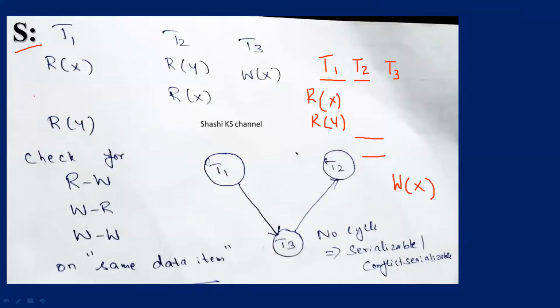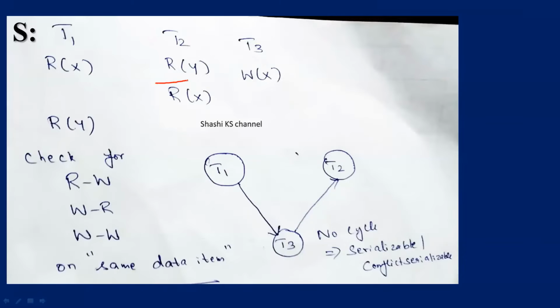If I say that this given schedule is view equivalent to this serial schedule T1, T2, T3, then that means T1 should execute all of its operations before T2 starts. So in the given schedule, T1 is performing the initial read operation of the data item X. Okay, and T2 is performing the read operation of the data item Y. But in the serial schedule, what happens?